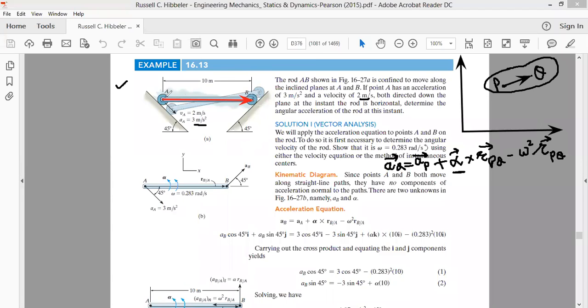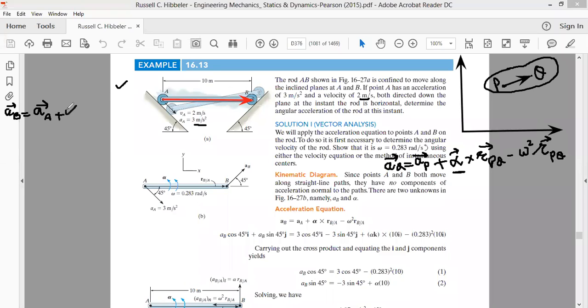Now we know the velocity of A and acceleration of A, and we don't know the velocity and acceleration of B. So we can directly write the acceleration formula: acceleration of point B is equal to acceleration of point A plus angular acceleration of the rod AB, like we had angular acceleration of the vector PQ. Here it will be the angular acceleration of the rod or of the vector AB.